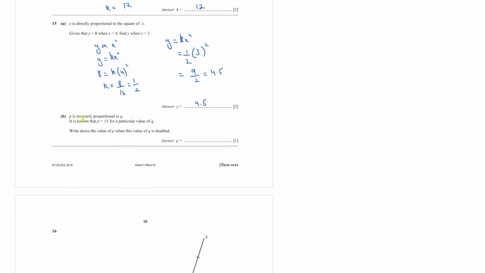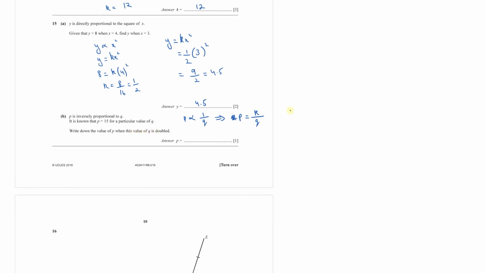Next part: P is inversely proportional to Q. So P is 1 over Q, or this gives you P equals k over Q. It is known that P equals 15 for a particular value of Q. Write down the value of P when this value of Q is doubled.